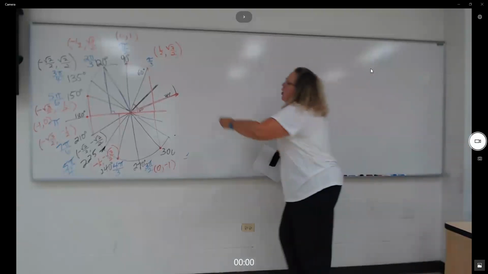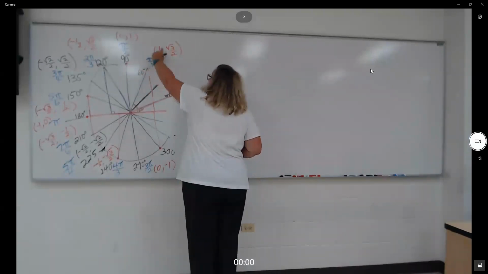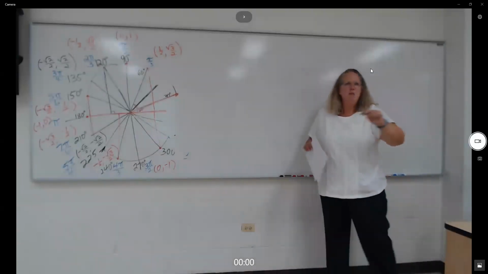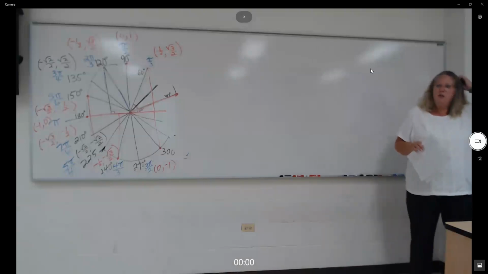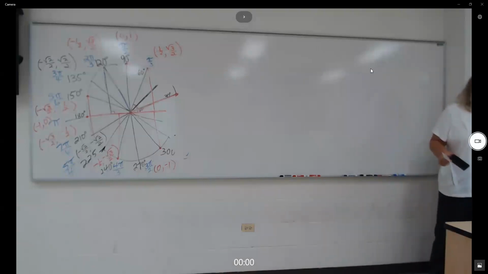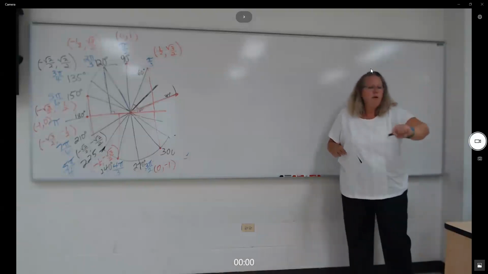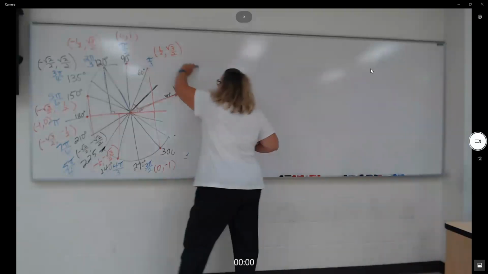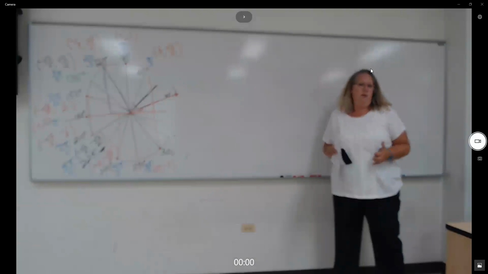That's taking the angle measure and graphing all the x values. If I graph angle measure x value, angle measure x value, I get the cosine wave. If I plot angle measure y coordinate, if I graph all these y values, that is the sine wave.